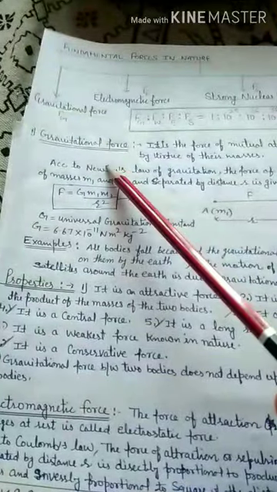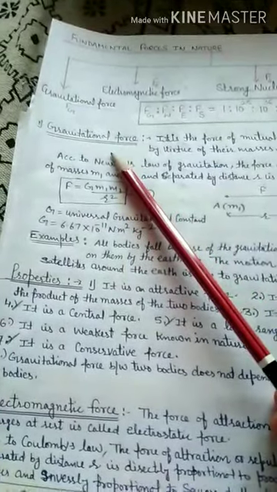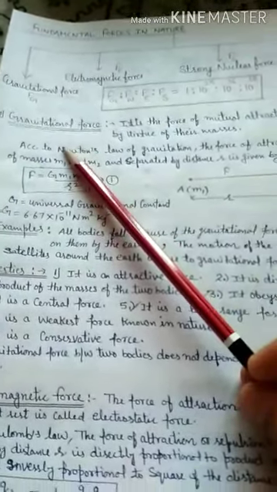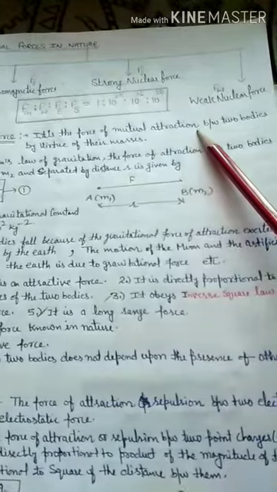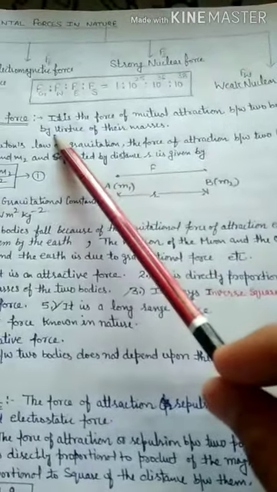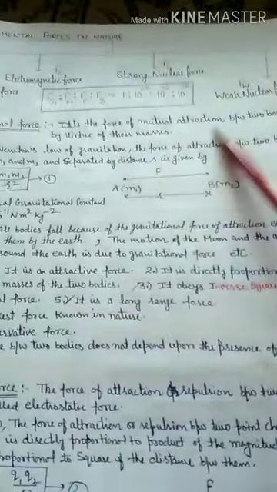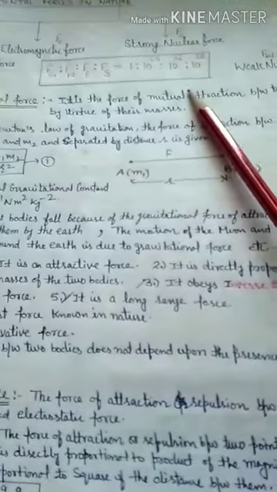We have already discussed this in 9th standard, in the chapter on gravitation, Newton's law of gravitation. What is gravitational force? It is a force of mutual attraction between two bodies by virtue of their masses, the force of attraction between two bodies in the universe.